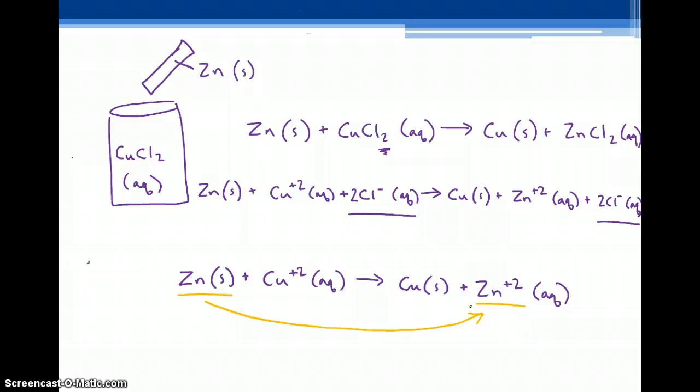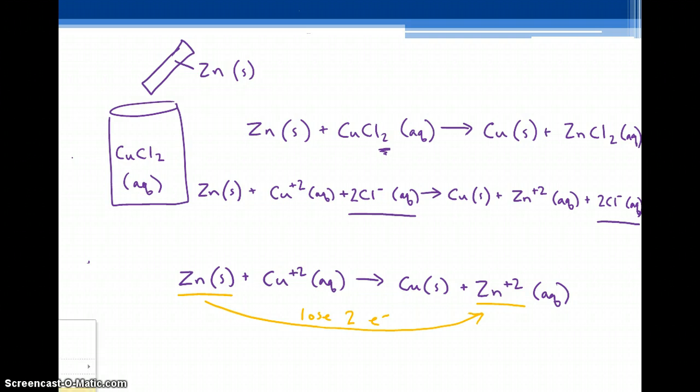Well, in order for zinc to become a +2 ion, it must have lost 2 electrons. Okay, if it lost 2 electrons, that's like taking away negative charge. So now zinc is more positive on the right. So in this reaction, the zinc atom is losing 2 electrons. I'm going to write that on this line here. Okay, it lost 2 electrons.